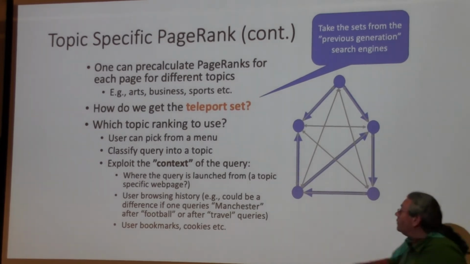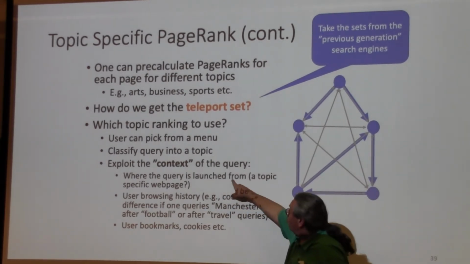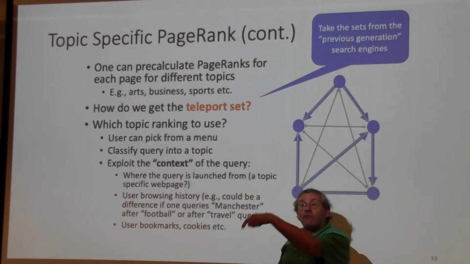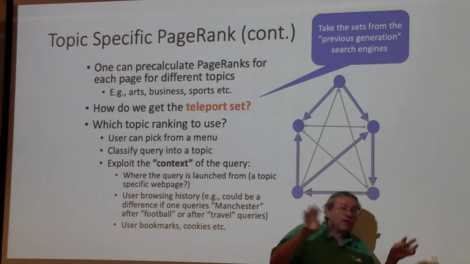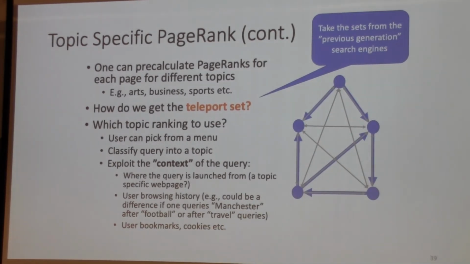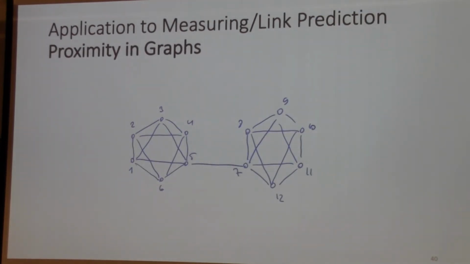Or you can look at the context, where the query is coming from, okay? You could look at browsing history, you can look at cookies. So there's all kinds of tricks to get the right teleport page, okay? That's one way to do it.